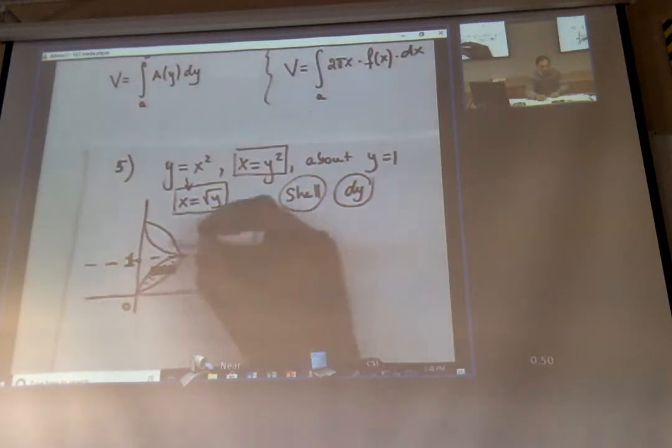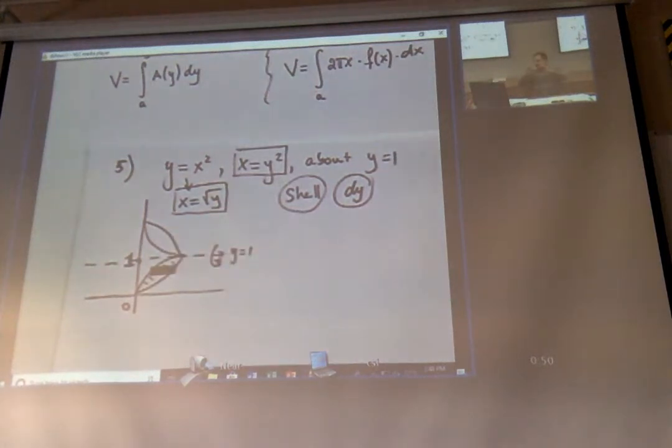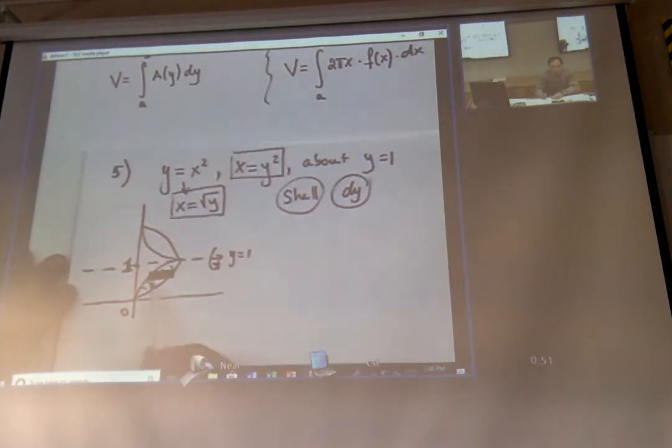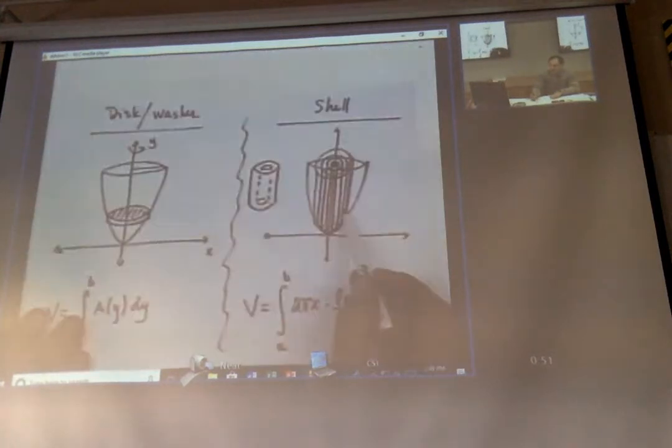I just don't want to overload the picture, but if you rotate this little rectangle, you create that pipe. Now, your pipe always must be parallel to the axis of rotation, so that's why this pipe is horizontal. Comparing with this one right here, it was what?